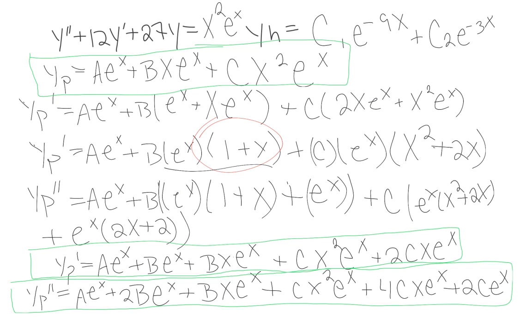And y sub p double prime equals a e to the x plus 2b e to the x plus bx e to the x plus cx squared e to the x plus 4cx e to the x plus 2c e to the x.